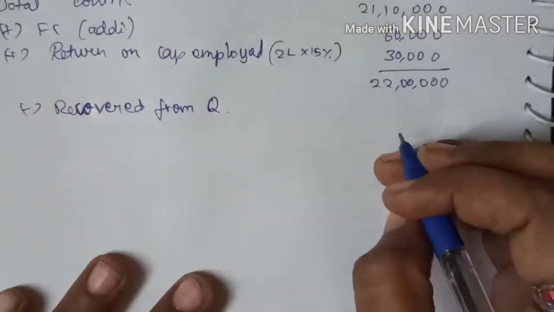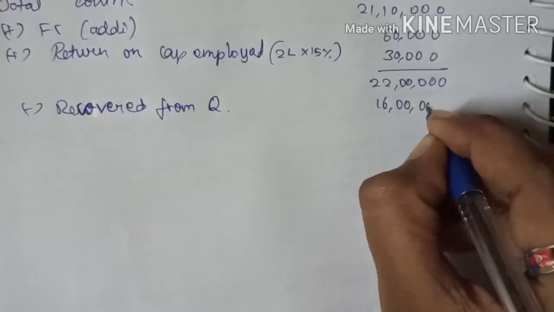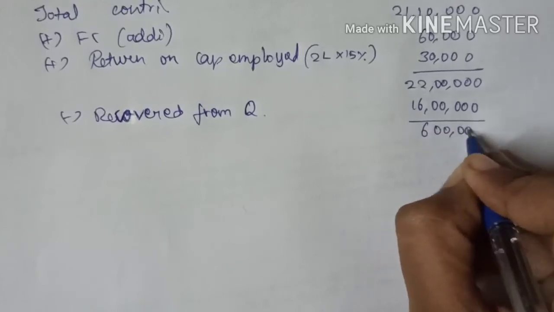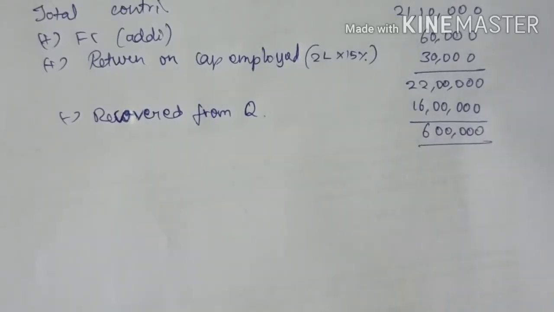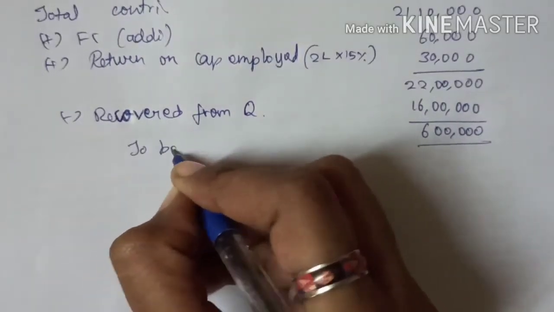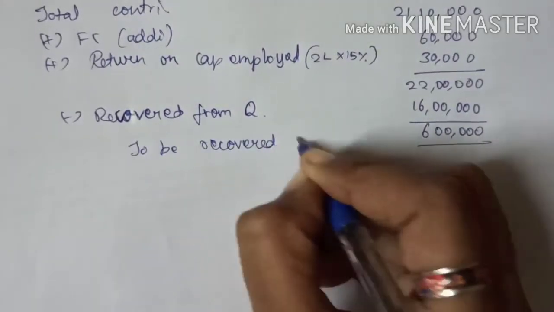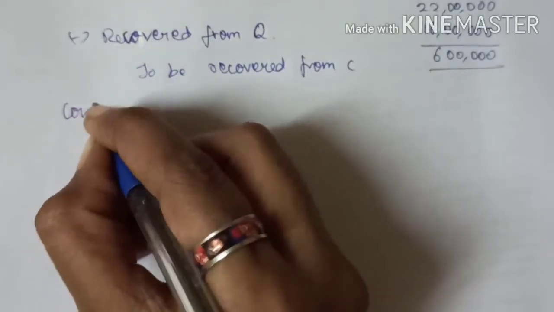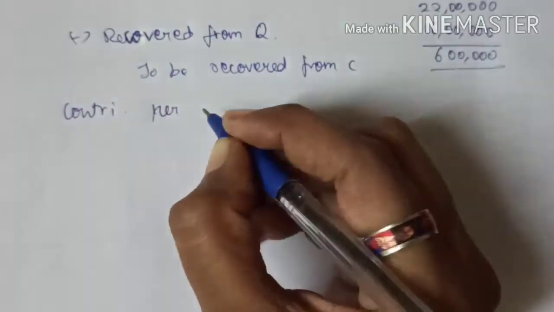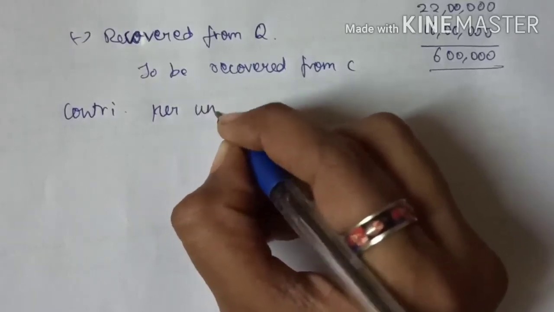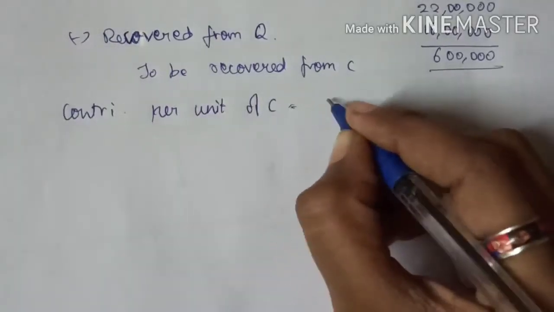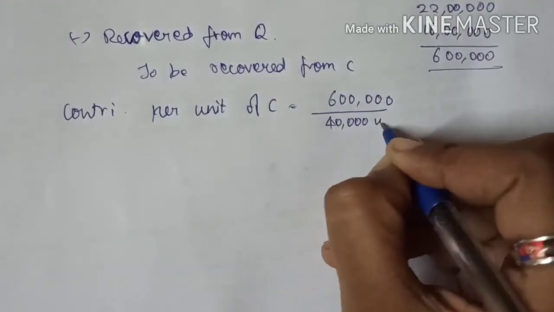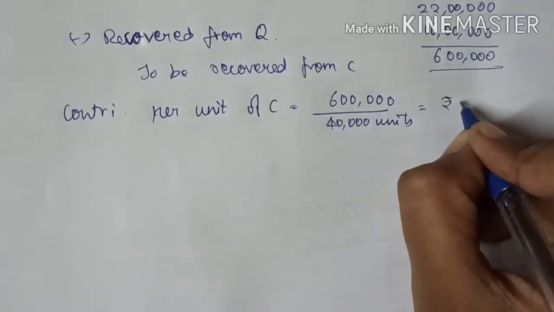So 16 lakhs, you subtract, 6 lakhs is the contribution to be recovered from C. Then contribution per unit of C is 6 lakhs divided by 40,000 units, which is rupees 15.